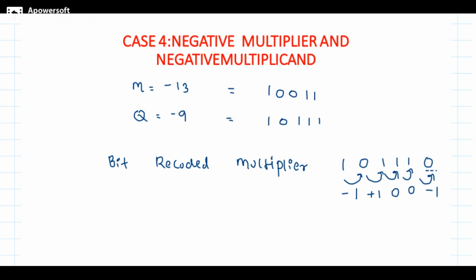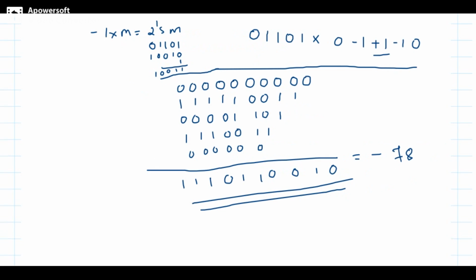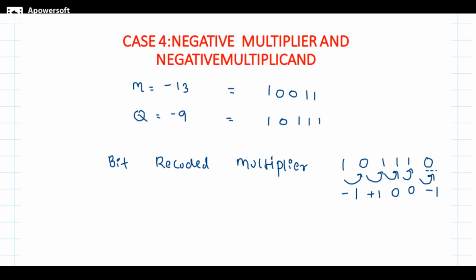So now we have to compute the partial product by considering m equal to 1, 0, 0, 1, 1 and q equal to minus 9, that is 1, 0, 1, 1, 1. After performing the multiplication operation, you will get the final product as 0, 0, 0, 1, 1, 1, 0, 1, 0, 1.